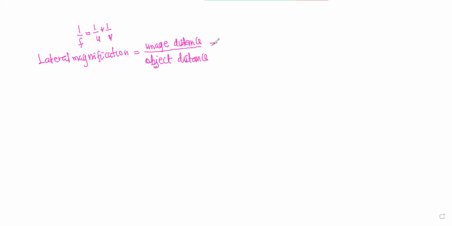Image distance is V, object distance is U. So that is the ratio for lateral magnification.